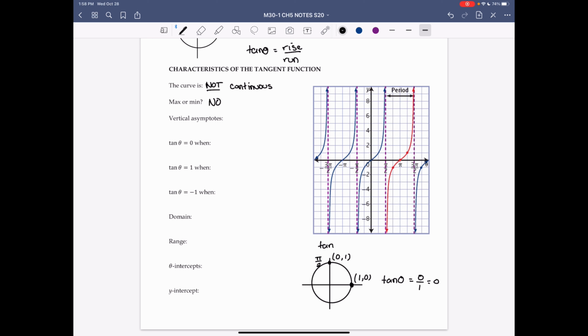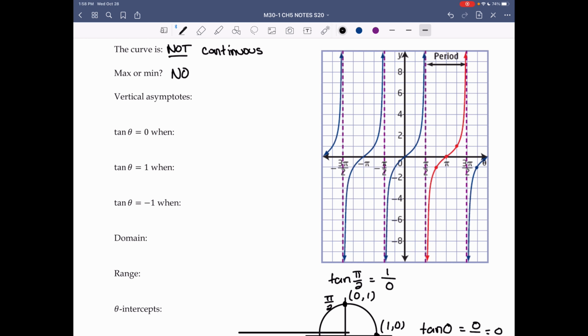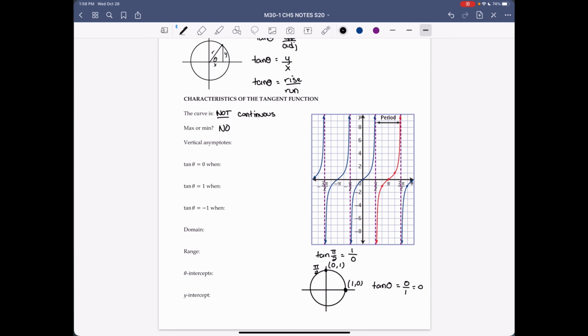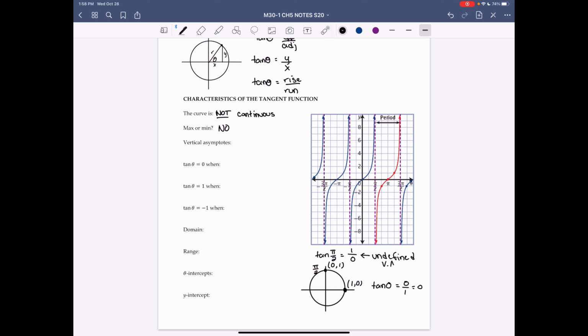Then tan of pi over 2 would equal the y value divided by the x value, 1 divided by 0. But this is undefined since we can't divide by 0. So that causes a vertical asymptote.